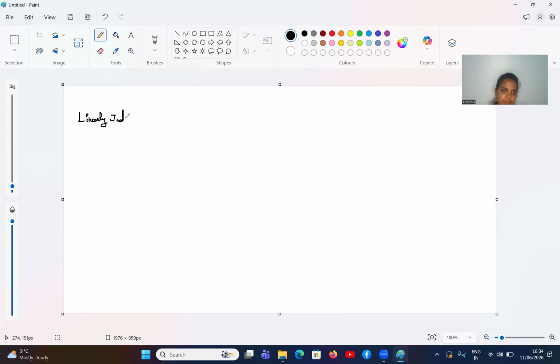I'm giving one set S equal to {(1, 0), (0, 2)}. Is this linearly independent? Your vector space is R2 over R. How can you say that?